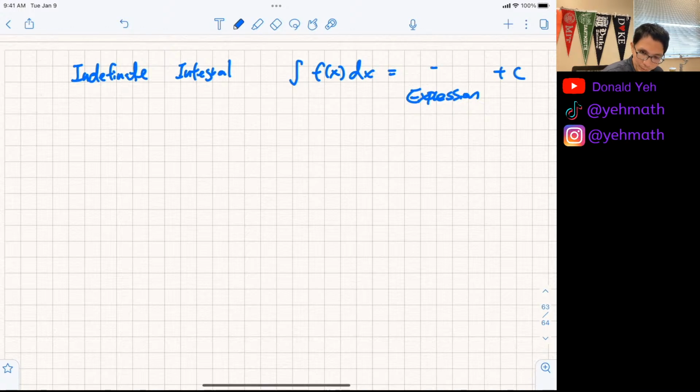You will get some type of f of x, right? Plus c, something like that. And that's indefinite integral. And we've been doing that for the last 2 days, whether it's trig or power rules or simplifying things. But what is definite integral?